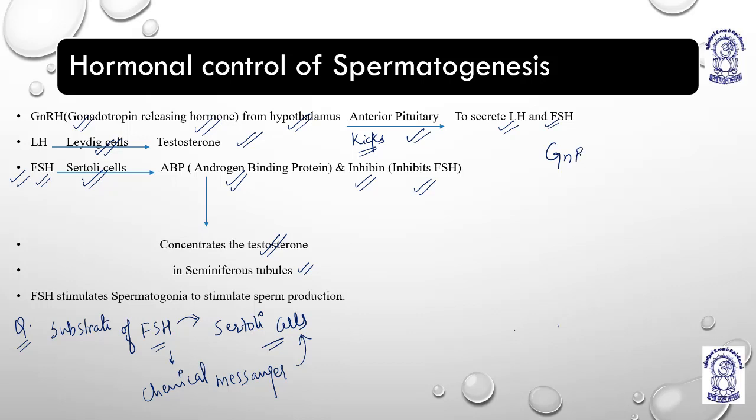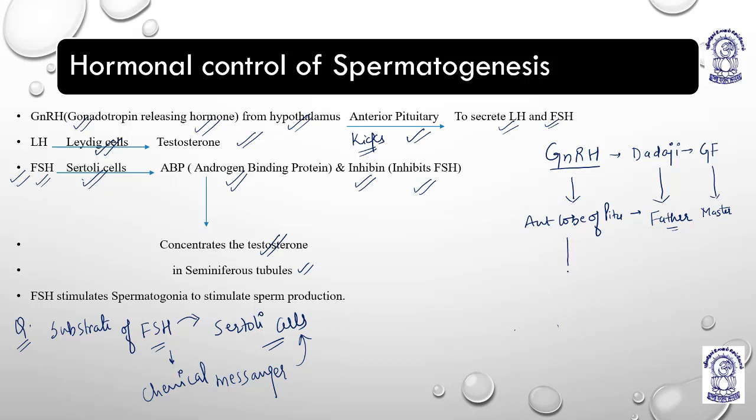This is gonadotropin releasing hormone, equivalent to Dadaji, equivalent to grandfather. It controls the anterior lobe of the pituitary, which controls the father, who is the master of your home.